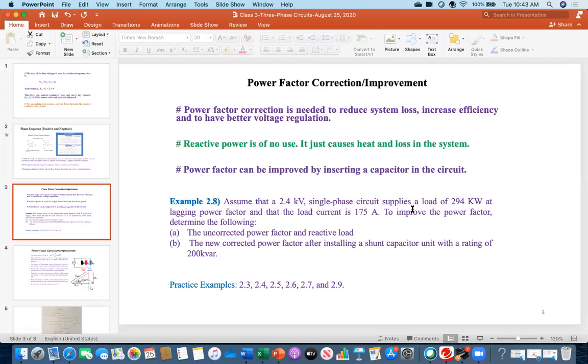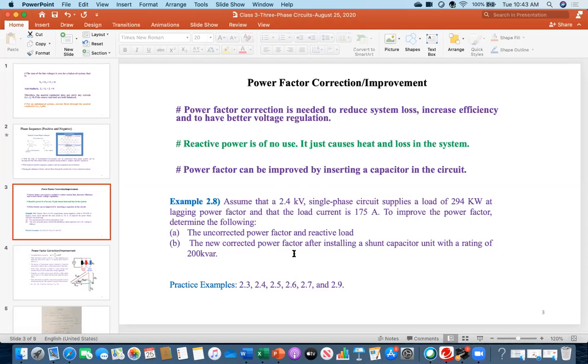So for this system, what was the uncorrected power factor? Because the goal of this problem is to improve the power factor. So before making correction, what was the power factor value, and what was the Q value? Reactive load means the Q value. You will find some power factor value definitely much lower than 1, maybe 0.7, 0.6, or not more than 0.8.